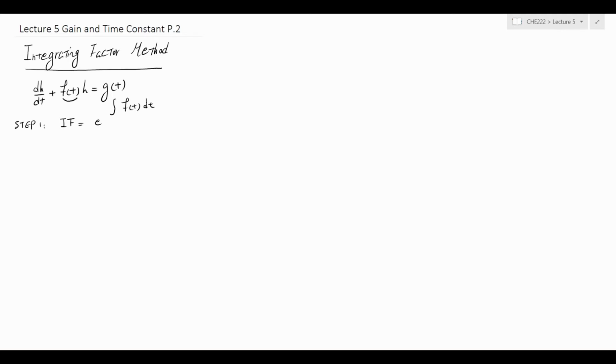This is by definition. It is just a method to solve this ODE, and this is how people found that it works. So we define the integrating factor as e to the power of the integral of f(t) dt.